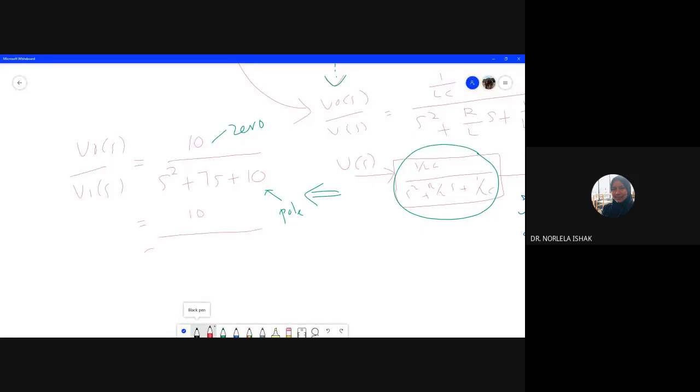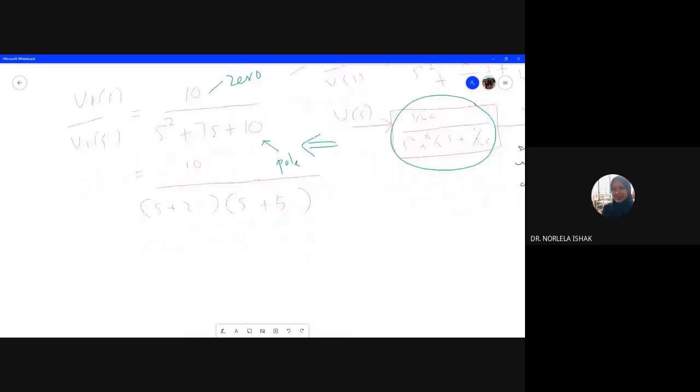Okay, macam mana kita nak? So, you have to factorize it. So, how to factorize this one? S plus 2, S plus 5. Betul ke? Is it correct? Okay, so what's our pole?